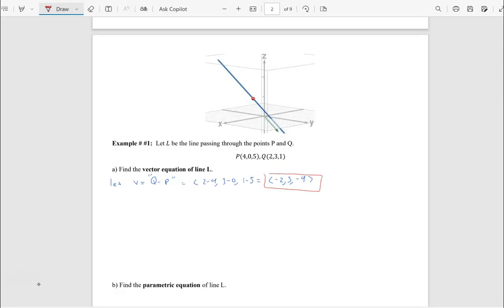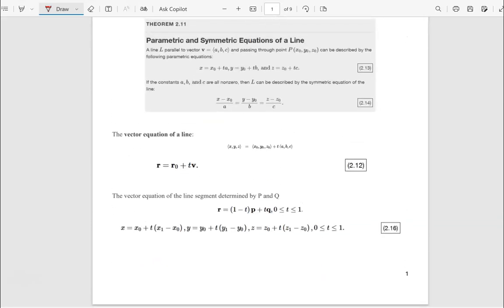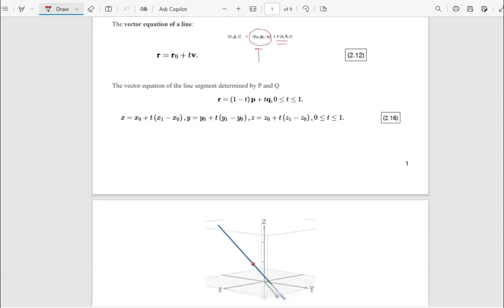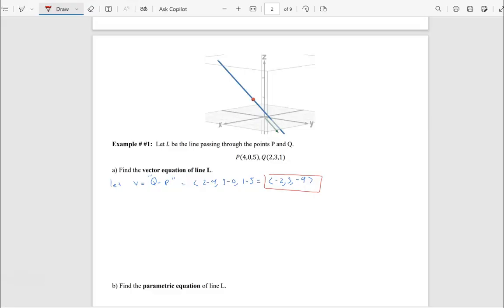For the equation, there are multiple ways of rewriting it. This is your coordinate point, and that's your vector. For the vector equation, they write the point as either a coordinate point or in vector form. I'll just follow the author, but both ways are correct.